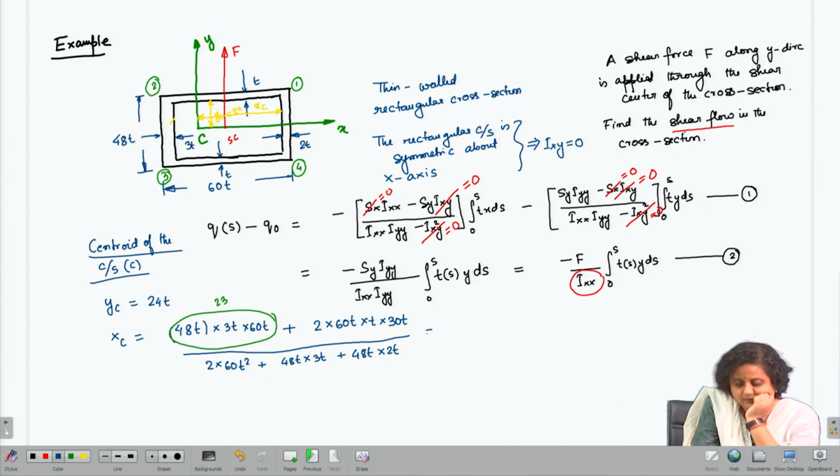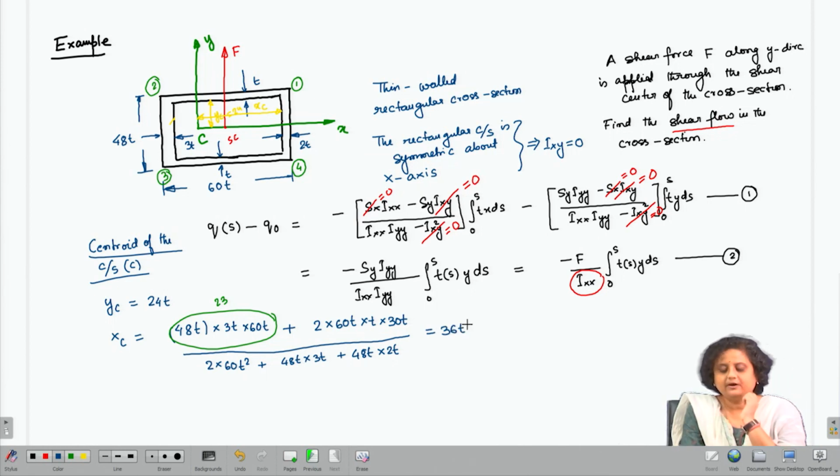So, if we evaluate this, we will get this as 36 t. Therefore, SC is located at 36 t from the web 1 4.